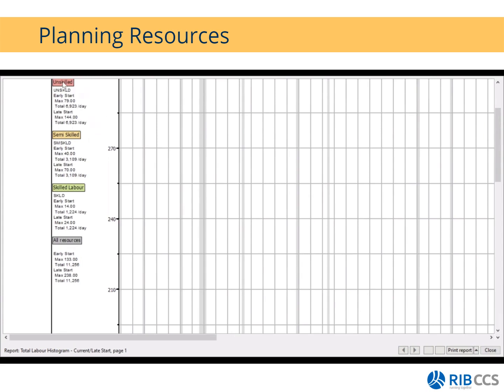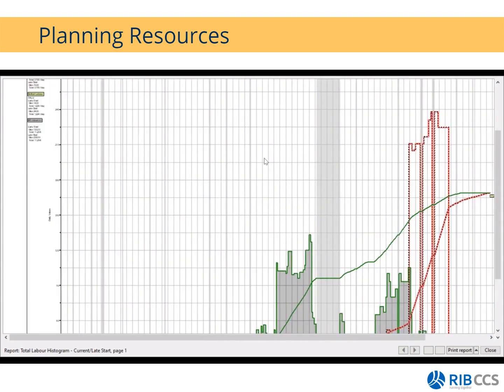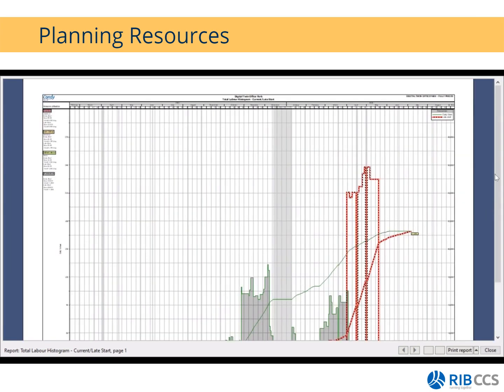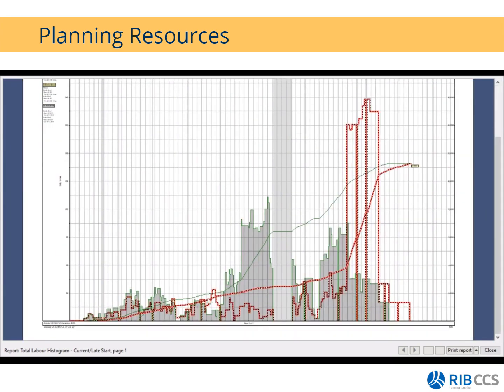So you can see that for skilled, unskilled, semi-skilled, and so on. Okay, so you can obviously select any resource that you would like to monitor and print out this report. If I just scroll in or zoom in a bit, you'll see that these are my daily values, and I have my S-curve running with the early start as well as with the late start.